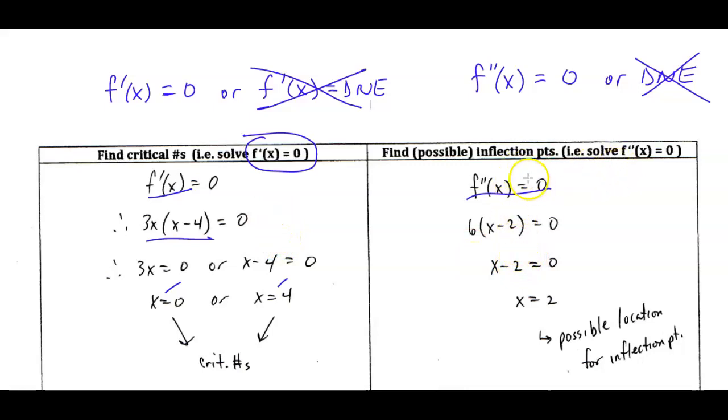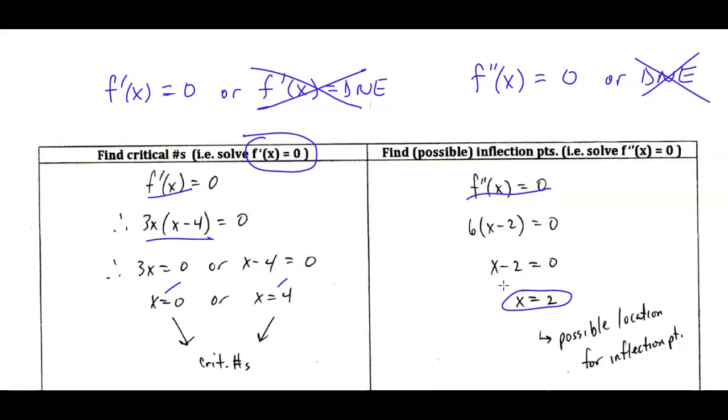For the second derivative, we set that equal to 0. We're trying to find the location where we could possibly have a change in concavity. Okay, and a point on the graph of the original function where concavity changes is what an inflection point is. And so we see at x equals 2, that is the location that we are thinking concavity will actually change.